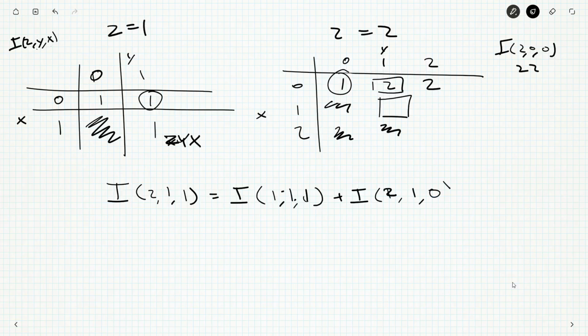We could have 2, 1, 0, or 2, 0, 1. And that would be adding a y. But of course, this one here is 0. This one is the one above, 2, 1, 0, so it's 2. And 1, 1, 1, there's one way to do that, so we get a 3 here.